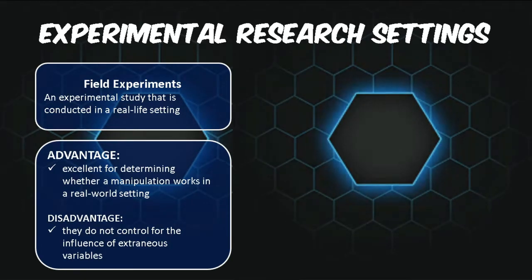A disadvantage of conducting your experiment in the field is that there are a lot of outside variables, extraneous variables, or confounding variables that you need to control. And sometimes that is really difficult for a researcher.